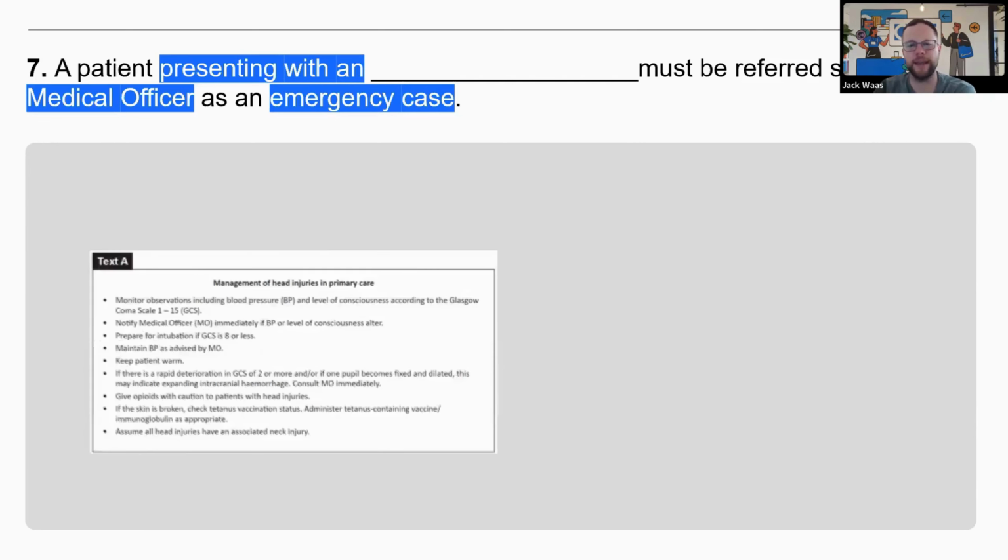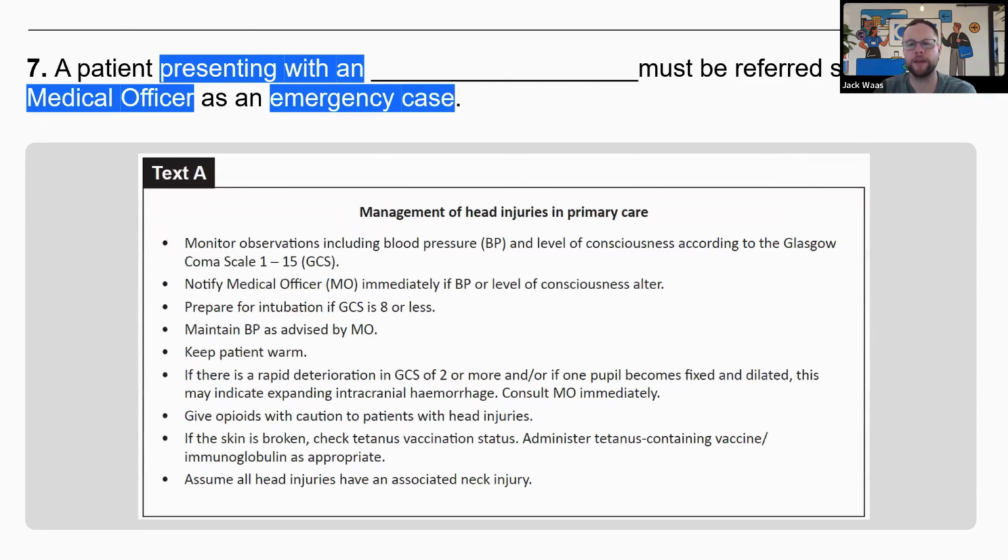Let's take a look at text A. Can you find anything here about referring to the MO as an emergency case? It does mention notify medical officer immediately if blood pressure or level of consciousness alter. Further down it says consult medical officer immediately if you notice rapid deterioration in GCS or changes in pupils.